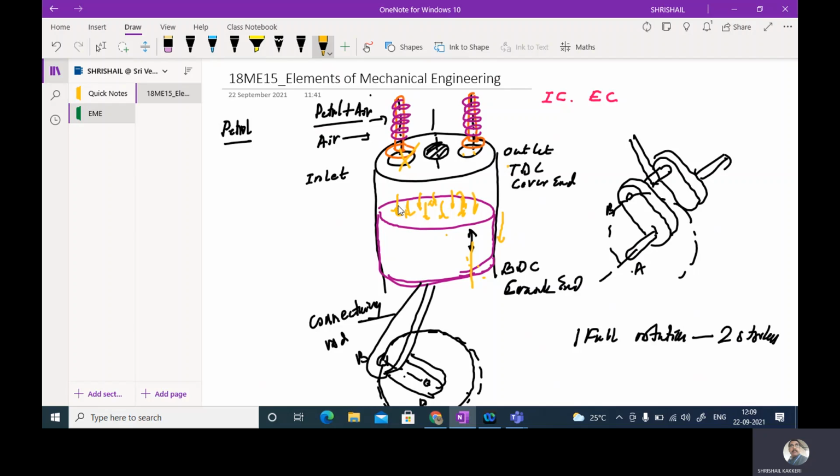Due to this movement, the combustion products which were present inside will be replaced, that means moved out of the combustion chamber. Now this combustion chamber is ready to take the next fuel mixture.